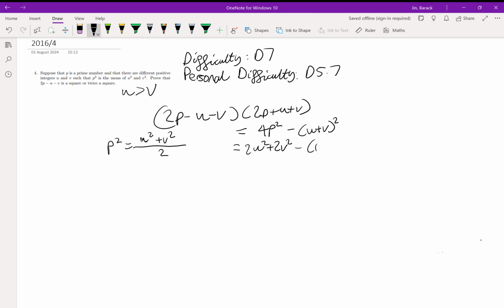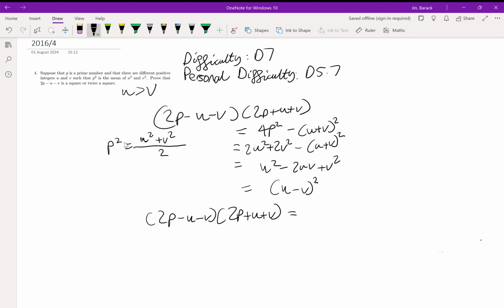And if we do this, then we get u squared minus 2uv plus v squared, which equals u minus v squared. So this is pretty exciting because we've linked 2p minus u minus v to u minus v squared. So 2p minus u minus v times 2p plus u plus v equals u minus v squared.